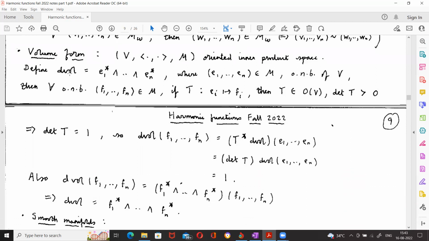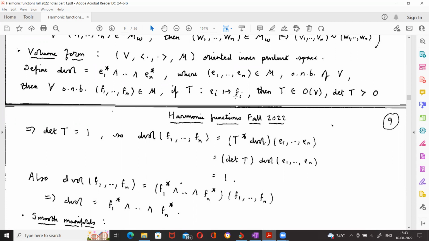Now, what are the properties of this dvol? I want to say that this definition is independent of the choice of positively oriented orthonormal basis. So let me take another orthonormal basis, F1 to Fn, which is also positively oriented, and let T be the linear map which sends Ei to Fi.